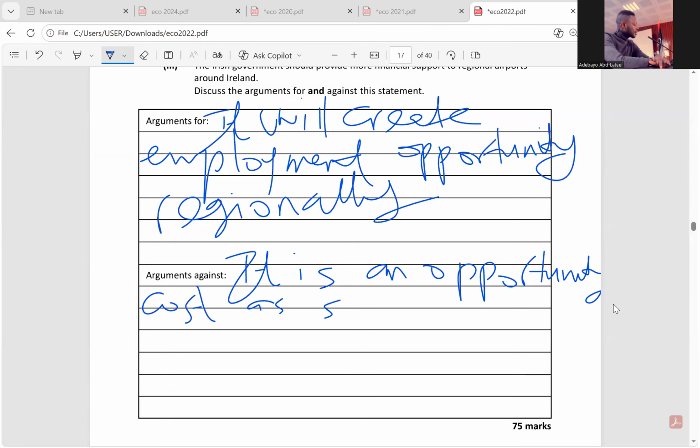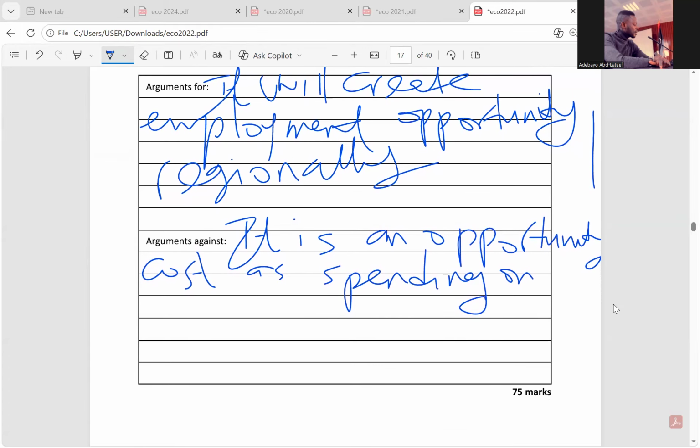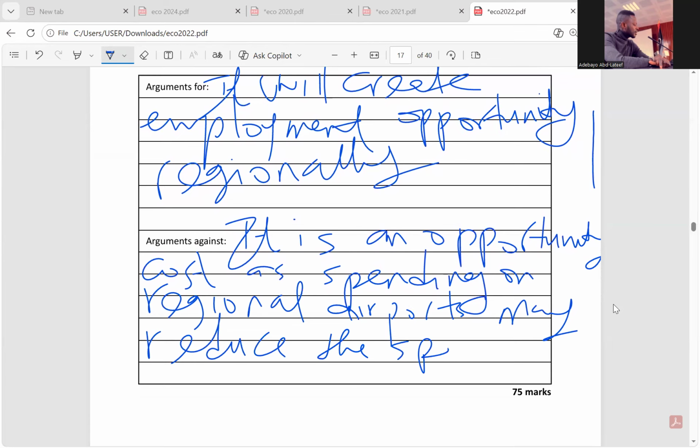As spending on regional airports may reduce the spending on Dublin Airport.